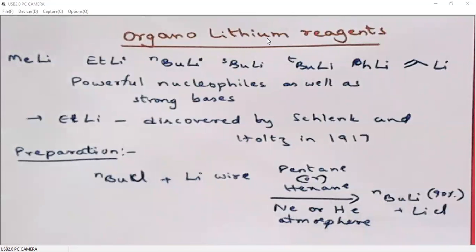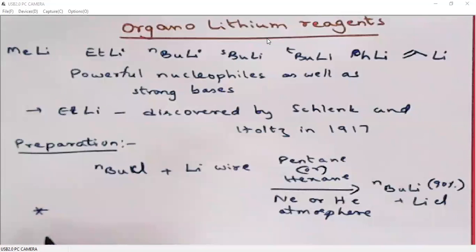So the preparation is similar to Grignard reagents, but the difference is we apply either neon or helium atmosphere. In the case of Grignard reagents, we can use nitrogen atmosphere for neutral conditions, but here we cannot use nitrogen atmosphere.